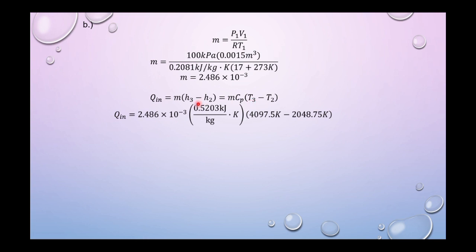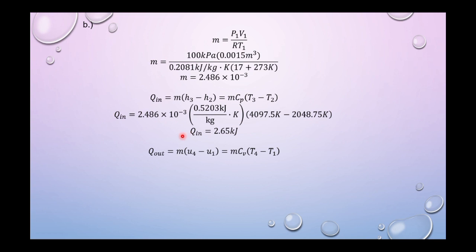So, substitute, our Qin is equal to 2.486 times 10 raised to negative 3, which is the mass, times 0.5203 kilojoules per kilogram Kelvin times 4097.5 Kelvin, which is the temperature T3, minus 2048.75 Kelvin, which is the temperature T2. So simplify, our Qin is equal to 2.65 kilojoules.